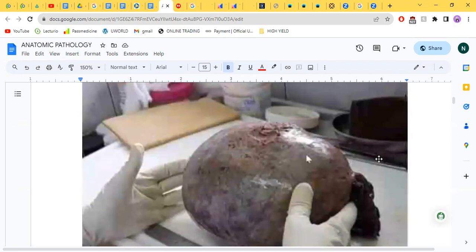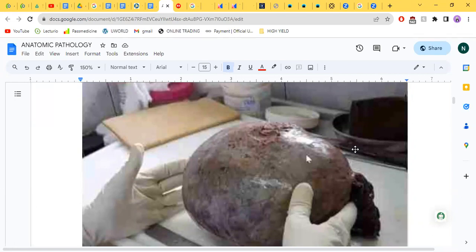Now, this is what we were comparing the fibroids to. We said the diagnosis of this will be the fibroma. Maybe you just take a mental picture of this so that you can compare them with the fibroids.